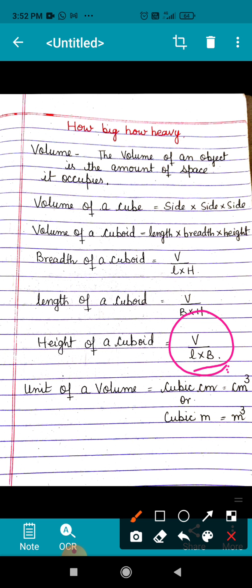Similarly, we can find out the breadth of a cuboid by using the formula volume divided by length into height. And we can also find out the length of a cuboid by using the formula volume divided by breadth into height. And children, the unit of volume, as I told you before, cubic centimeter, can be written like this, and cubic meter can be written like this.